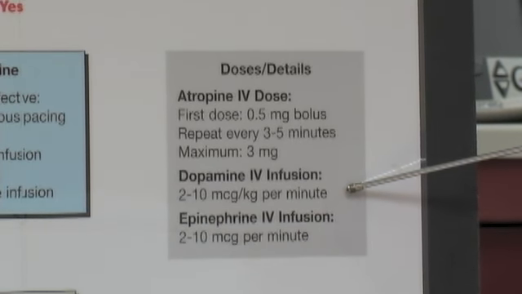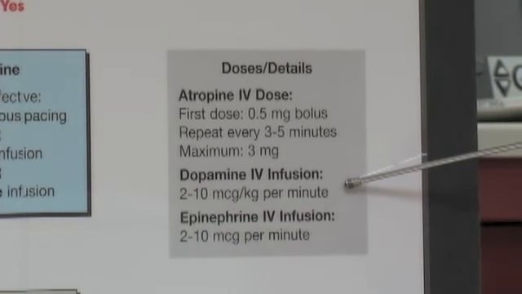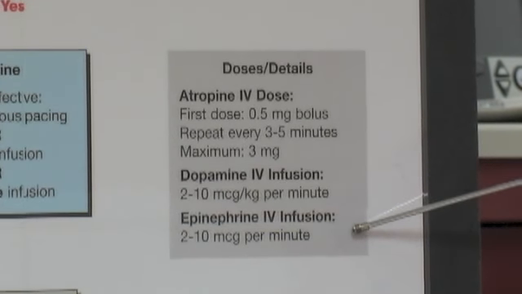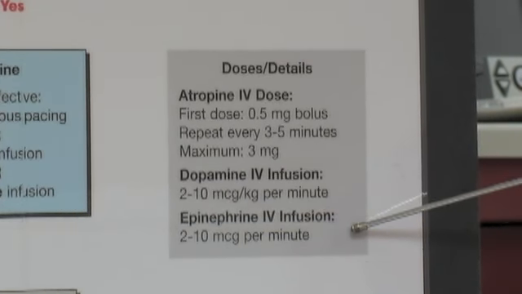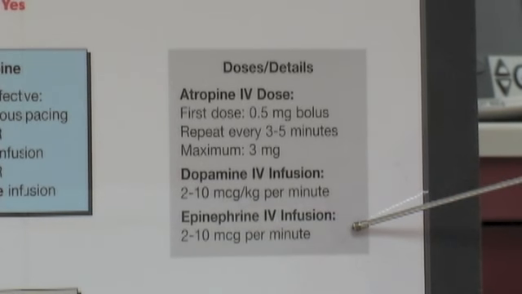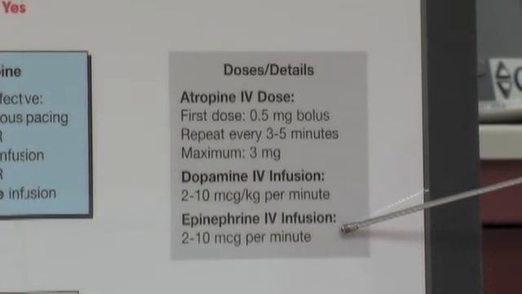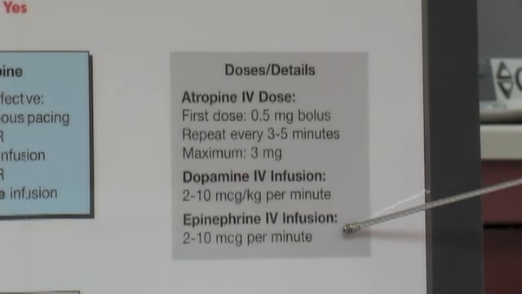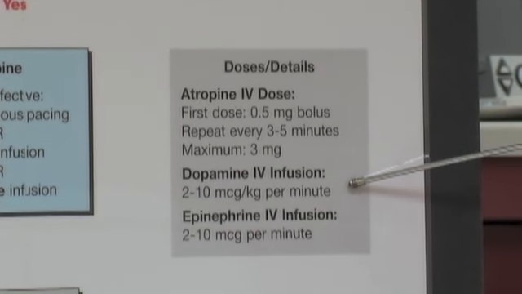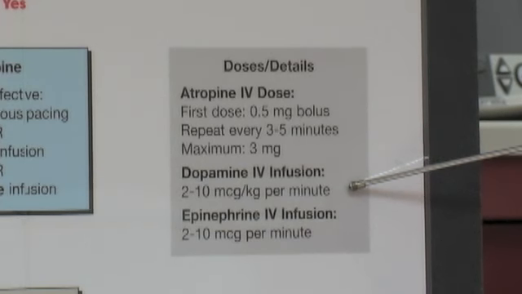So it's chronotropic effect. If the dopamine doesn't work, you're going to move to an epinephrine IV infusion. The dose also is 2 to 10, but this one is 2 to 10 mics per minute, whereas the dopamine was mics per kilo per minute.